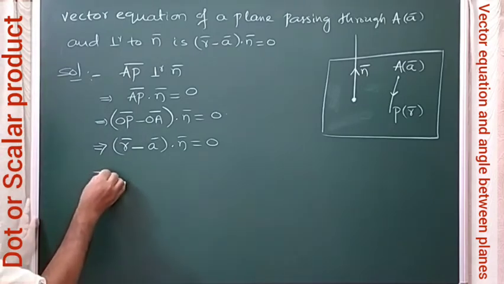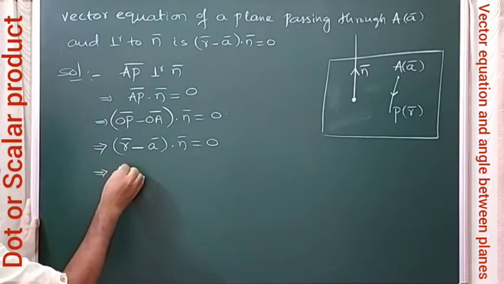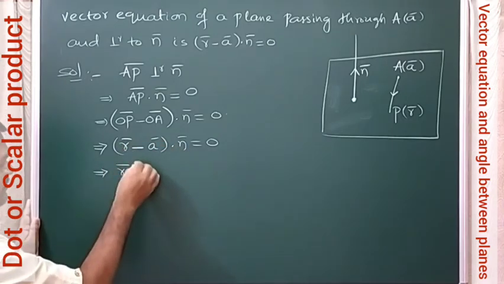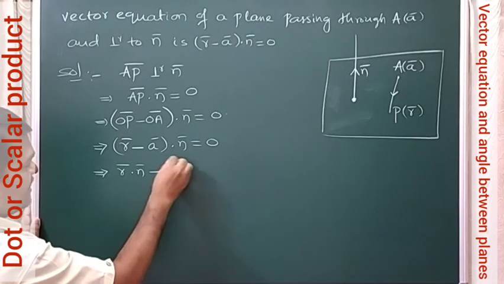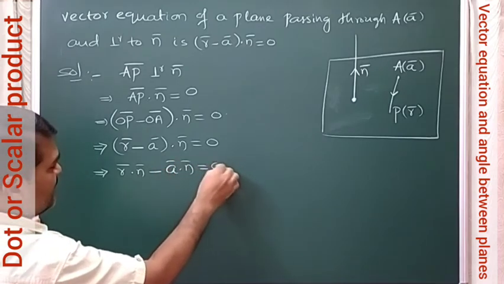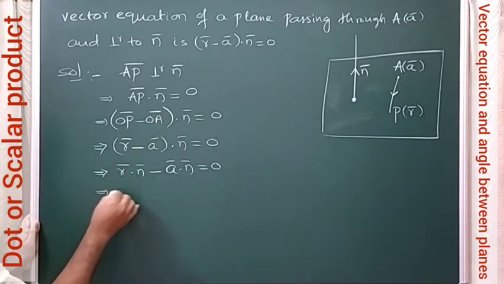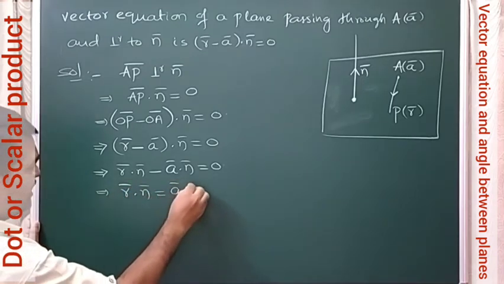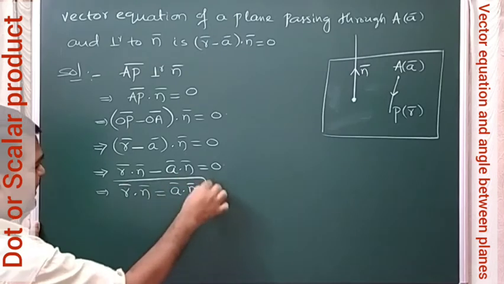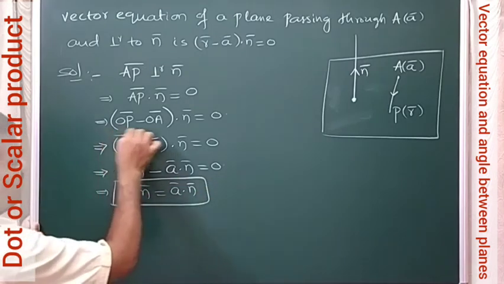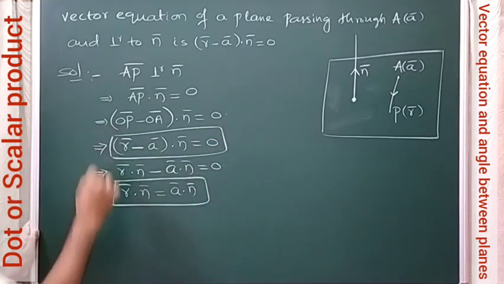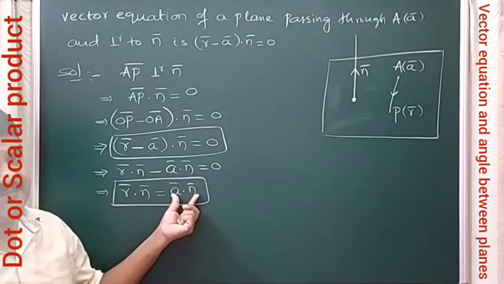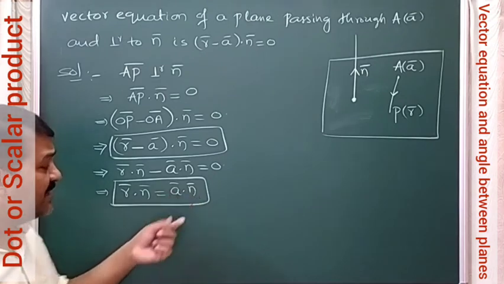Now we can further simplify like this: R bar dot n bar minus A bar dot n bar is equal to 0. That means R bar dot n bar is equal to A bar dot n bar. We can further simplify like this. So here A dot n is definitely a constant because dot product will be constant.